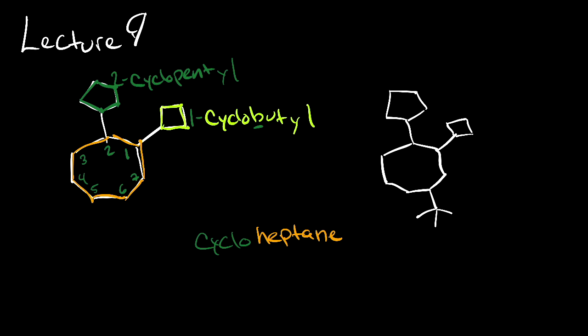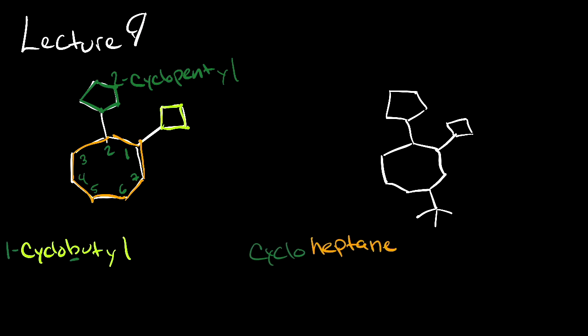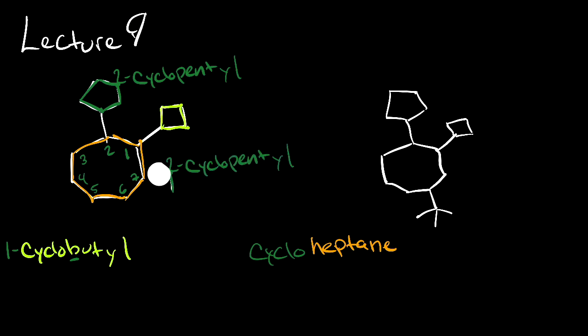So we would take 1 cyclobutyl, put it all the way out here in front, move this thing over, and 2 cyclopentyl, and we will move that down here.